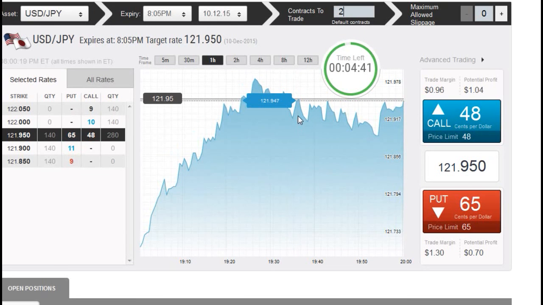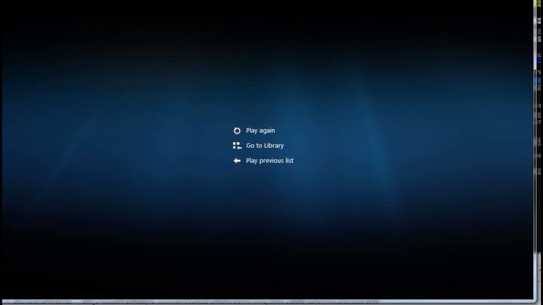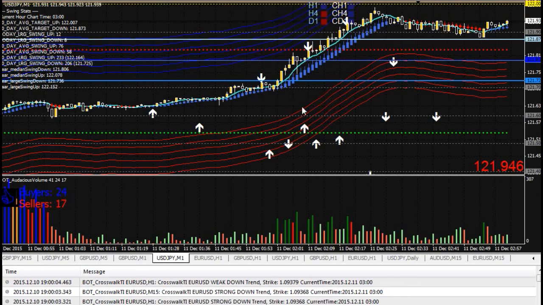But again, always thinking while you're trading. The better move would have been to capitalize on the ability to sell out early.